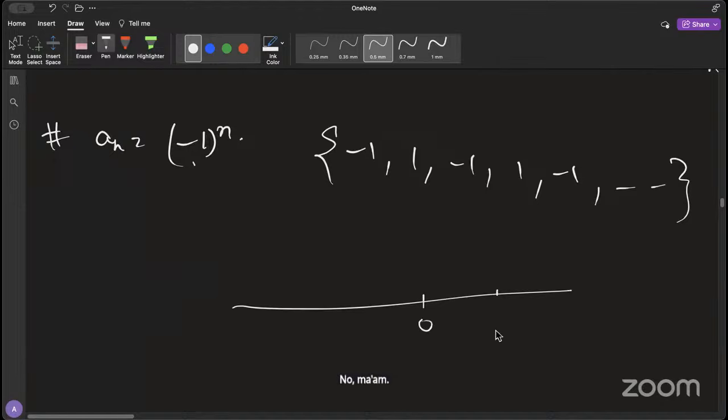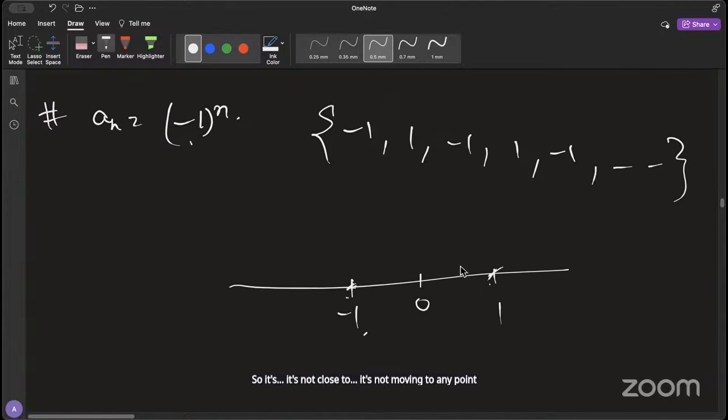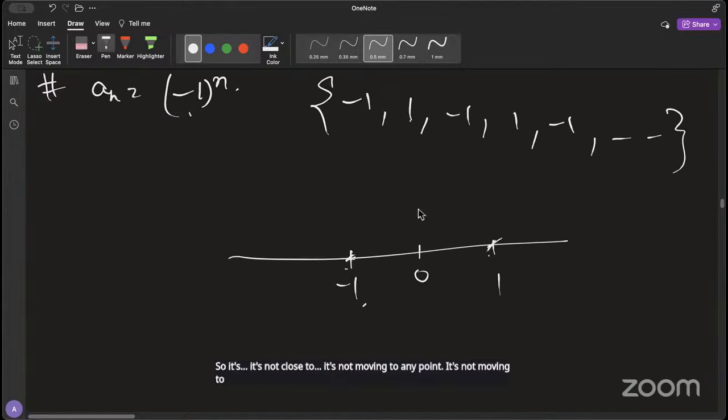You have 1 on this side, minus 1 on this side. So you have a1 here, then a2 here, then a3 here, then a4 here. That means it keeps fluctuating between these two points. It's not moving to any point. It's not moving to 1 and it's not moving to minus 1 either. It keeps fluctuating between these two.